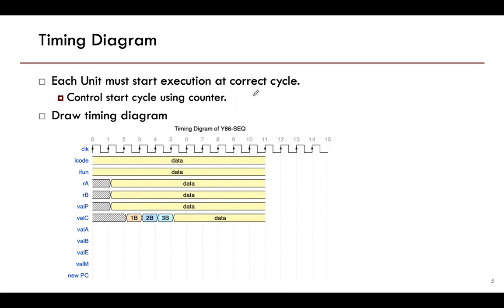Otherwise, the unit will read some not ready value, or some random or trash value, and then output, again, a random value or no meaningful output, and that will affect the next unit, and then your logic will be messed up.